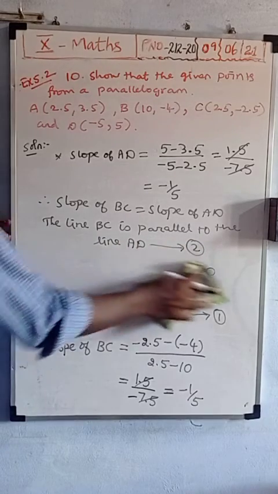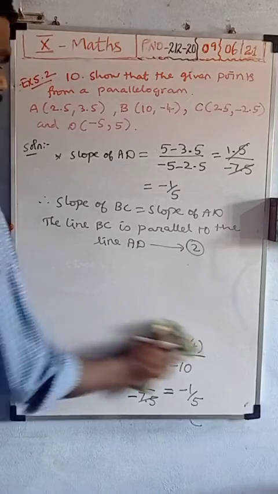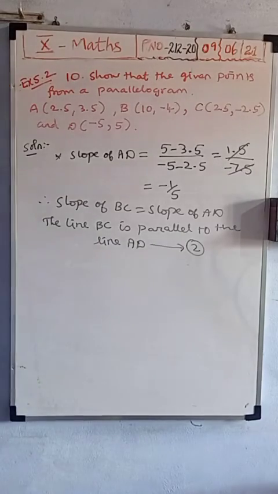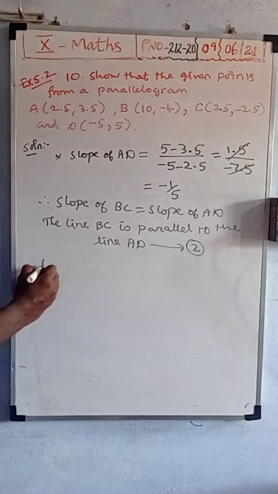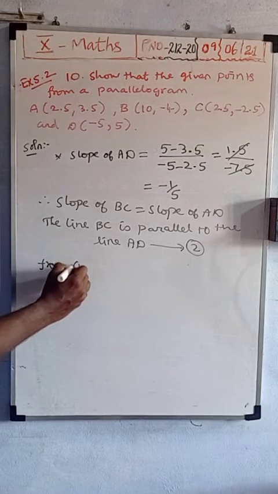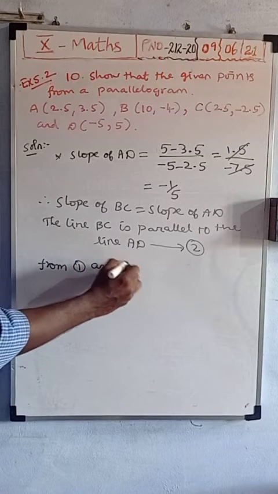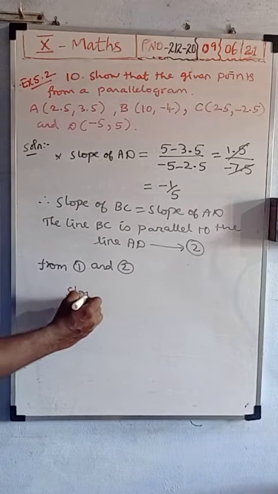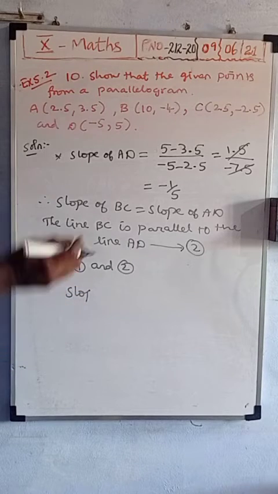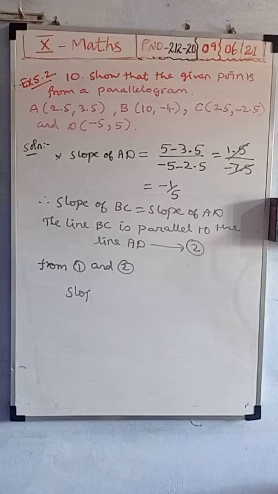So from 1 and 2, slopes are equal, so the lines are parallel.